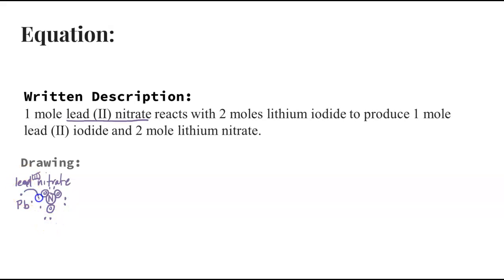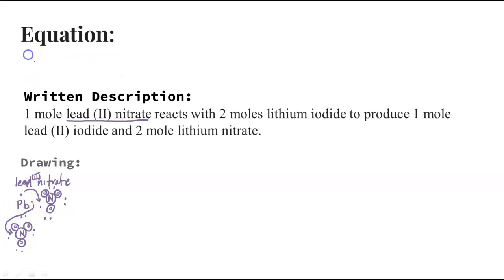All right, so that means that this lead can get rid of one of its electrons. The nitrate gets 8, a full valence shell, but keep in mind that this lead still wants to get rid of one more electron. And so we have to draw another nitrate so that the lead can get rid of its last electron.